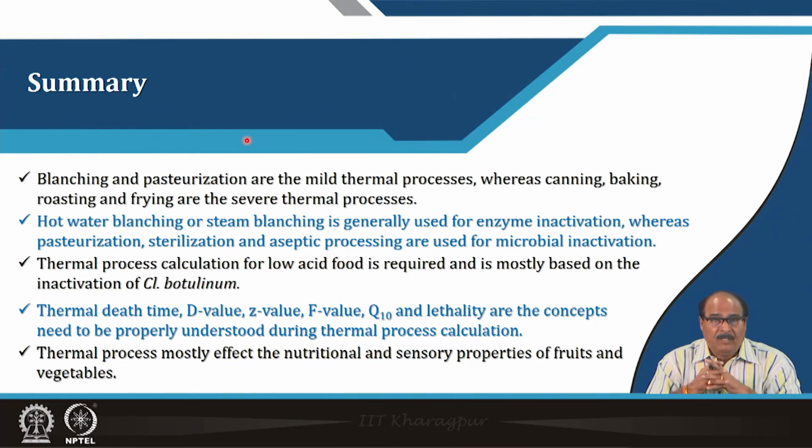Okay. So, now I will summarize this lecture. Blanching and pasteurization are the mild thermal processes, whereas canning, baking, roasting and frying are the most severe thermal processes. Hot water blanching or steam blanching is generally used for enzyme inactivation, whereas pasteurization, sterilization and aseptic processing are used for microbial inactivation.